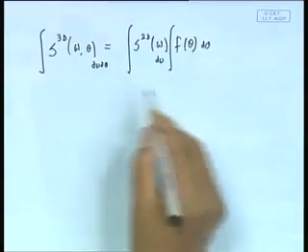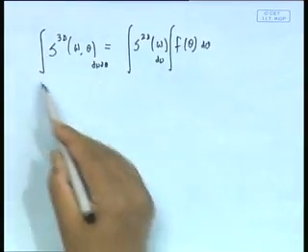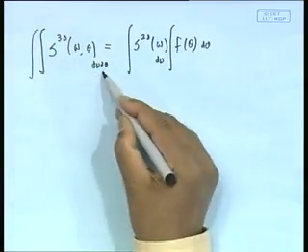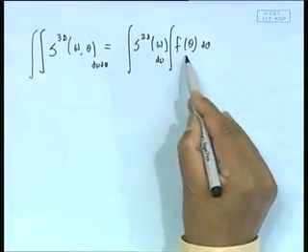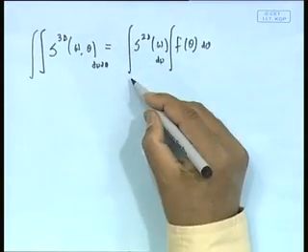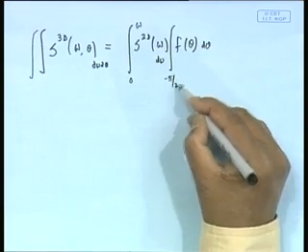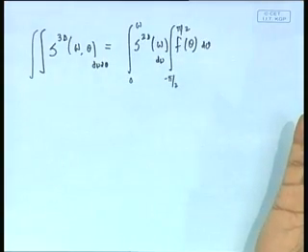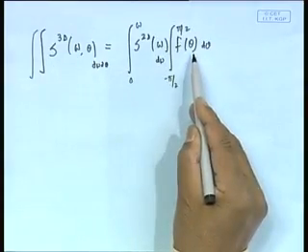Now, follow carefully: the area under that is S3d d omega d theta, but S3d is written as S2d omega and f theta d theta. So, when you integrate that, it will be between the omega limits and between the theta limits. This is just from identity, from the approximation we used, because we said this is this into this.